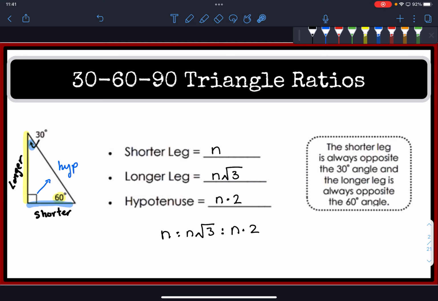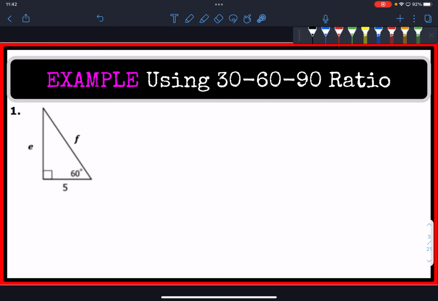So for example, on this one right here, notice that the 30-degree angle is up here because this one down here is 60. So that means that this side is going to be the longer leg, and this side is going to be the shorter leg because it's on the opposite of the 30. And the hypotenuse is on the opposite side of the 90-degree angle.